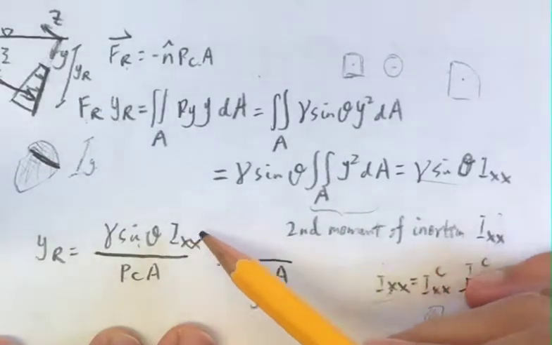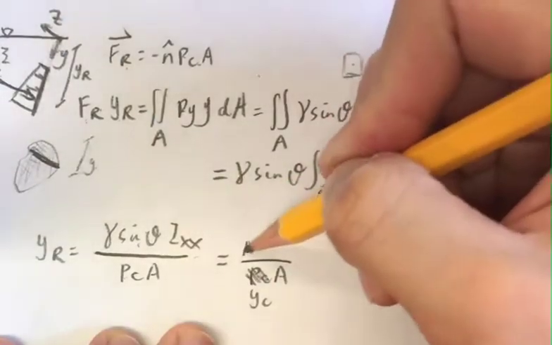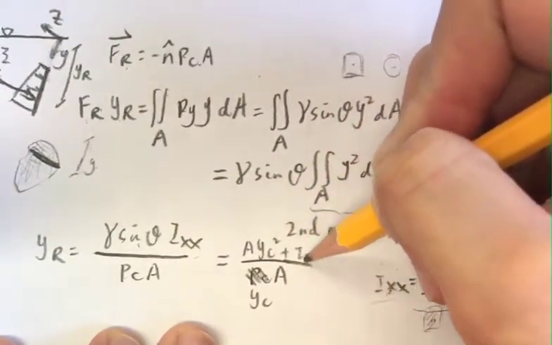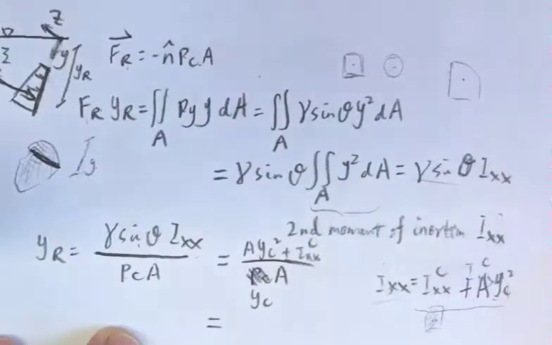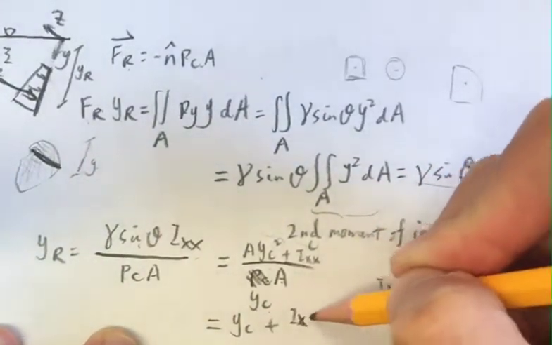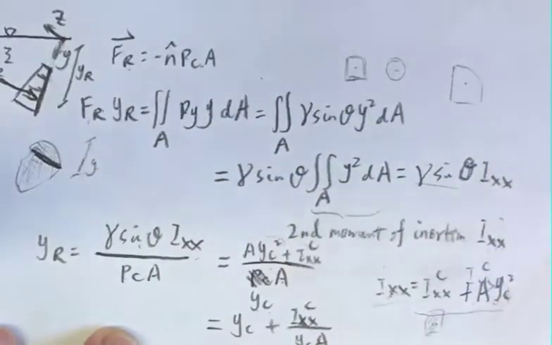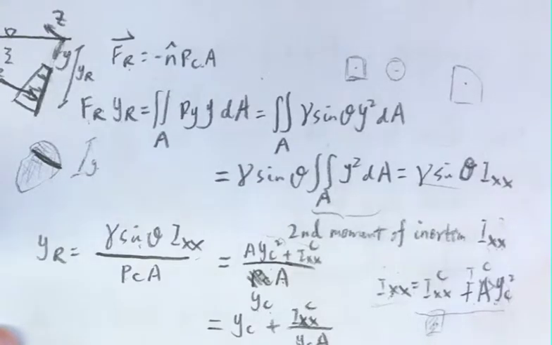We only have Ixx in the numerator, which we can decompose into IxxC plus A Yc squared. And we notice that this can be divided into two parts. One part is A Yc squared over Yc A, which is just Yc, plus the second part, IxxC over Yc A, right?